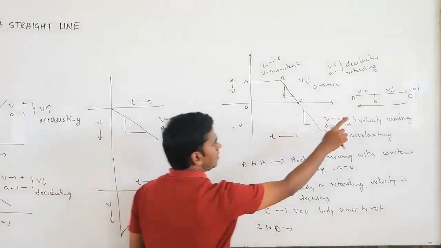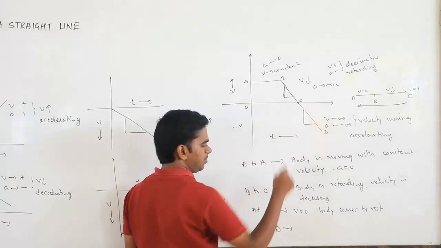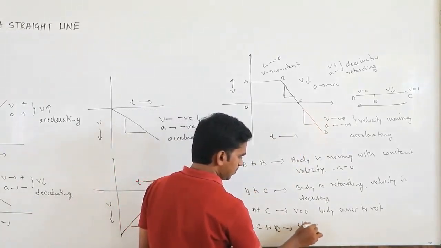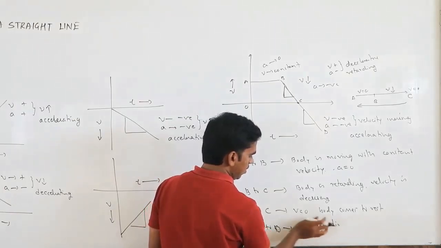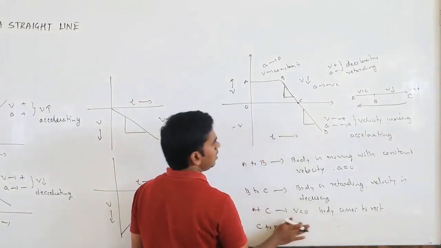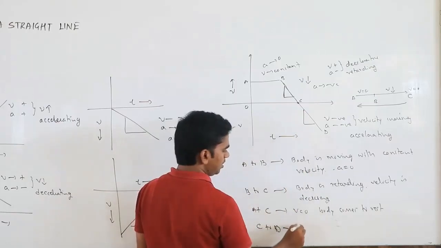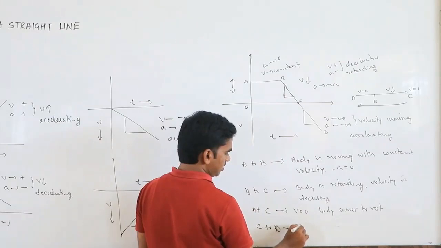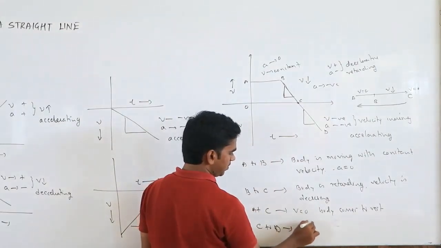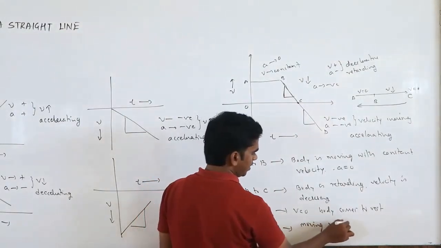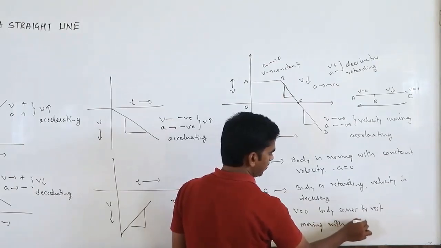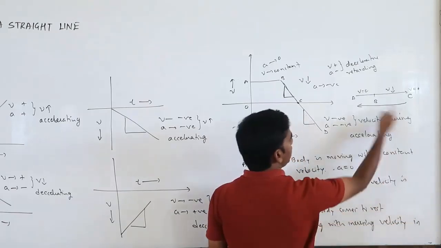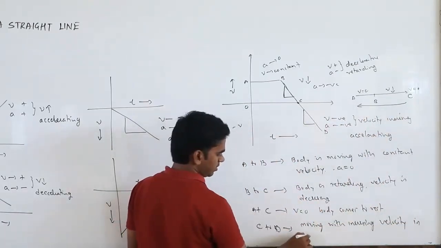From C to D, first of all, velocity becomes negative, meaning there is a change in direction. The body changes direction, or simply you can say it is moving with increasing velocity along the negative x direction.